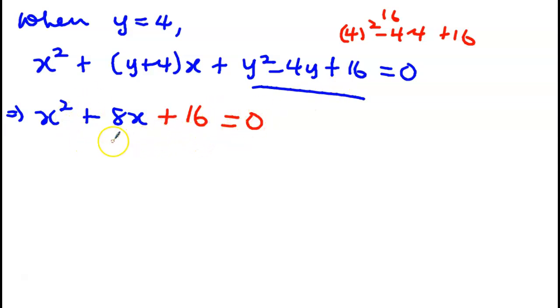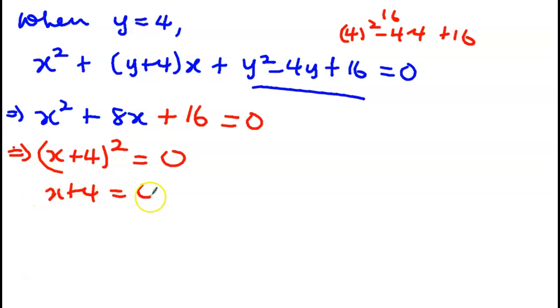And this is also a perfect quadratic expression. When you factorize this, we are going to get (x + 4)², which is equal to 0. Now it means x plus 4 is also equal to 0, then x will be equal to minus 4.